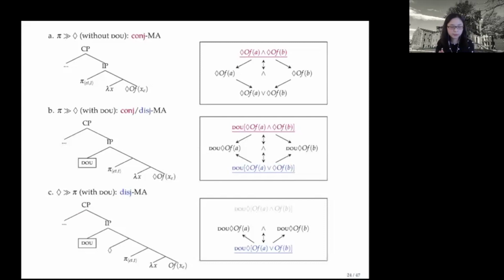When pi takes scope under the possibility modal, we still have the option to derive a mention-all reading as long as there is the operator in the structure. So even though the conjunctive answer is out because of a contradiction, the disjunctive answer is semantically equivalent to the disjunction of the two individual answers, and it is the strongest true answer to the question. So these are the three ways to derive the mention-all readings to a diamond question.